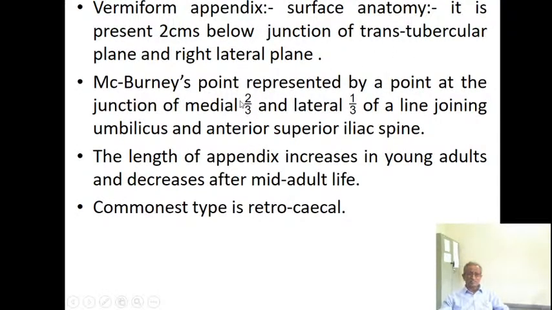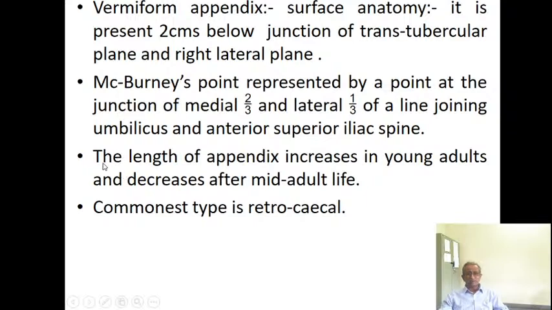Vermiform appendix surface anatomy. It is present 2 centimeters below the junction of the transtubercular plane and right lateral plane. That is, the base of the appendix is present 2 centimeters below the junction of the transtubercular plane and right lateral plane. McBurney's point is represented by a point at the junction of the medial 2/3 and lateral 1/3 of the line joining the umbilicus and anterior superior iliac spine.